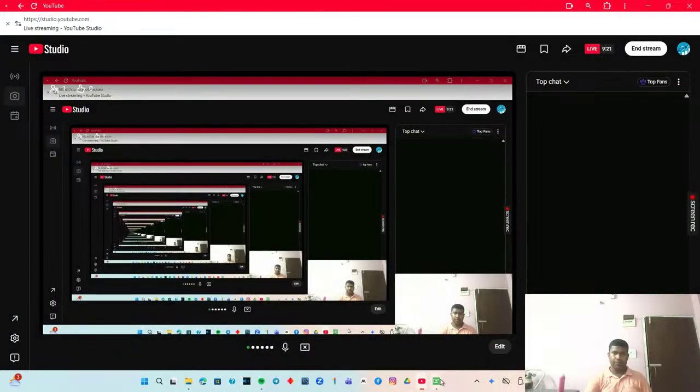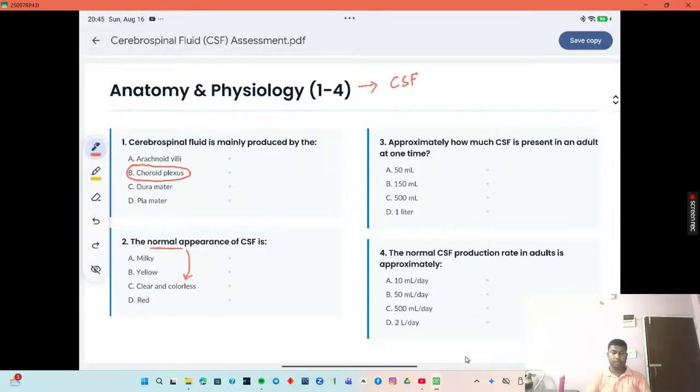Now I will move to the next question. Approximately how much cerebrospinal fluid, that is CSF, is present in an adult at one time? Question number 3. Can you please help me to answer this question? I will give you 30 seconds.